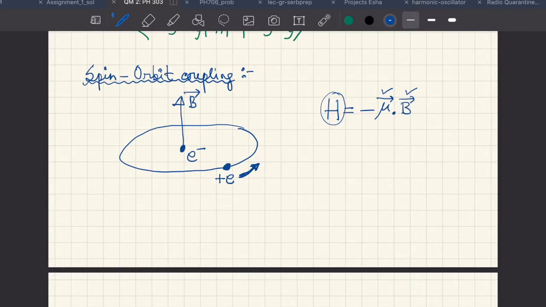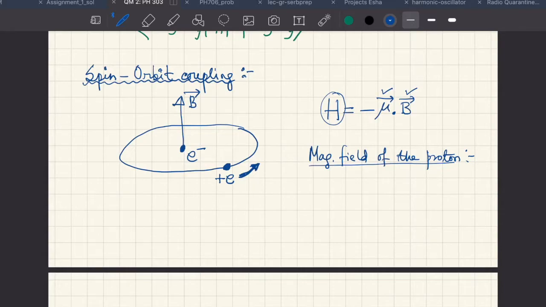Now at first let us calculate the magnetic field of the proton. If we picture the proton from the electron's perspective, I will see it as a continuous current loop. Therefore, to calculate the magnetic field, you have to use the Biot-Savart law.